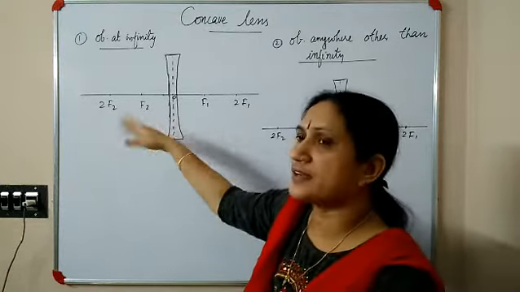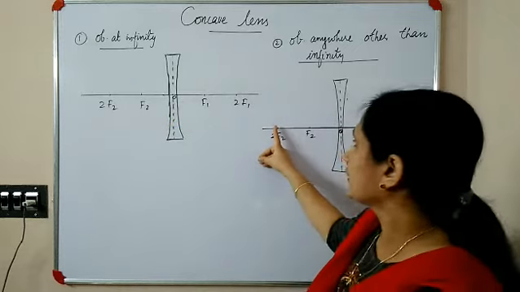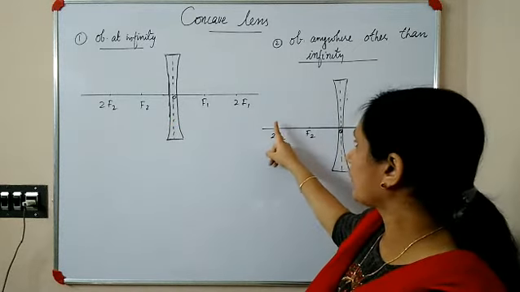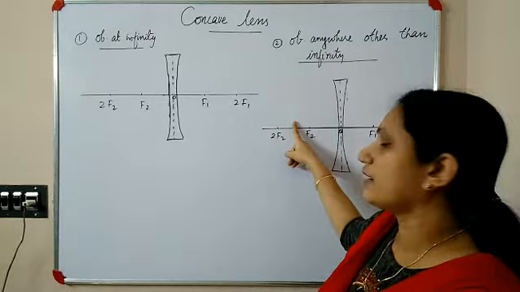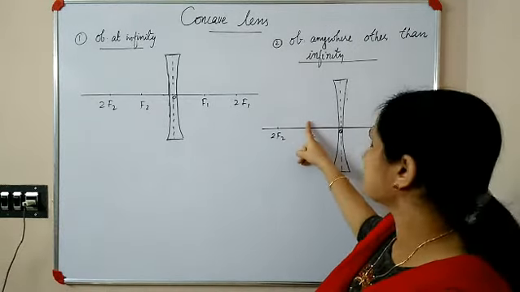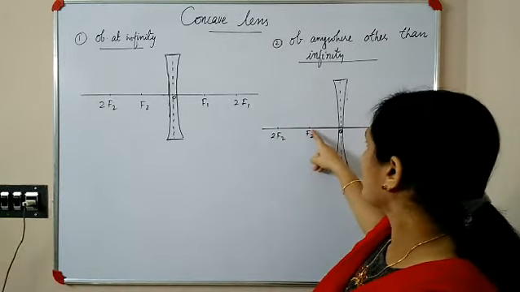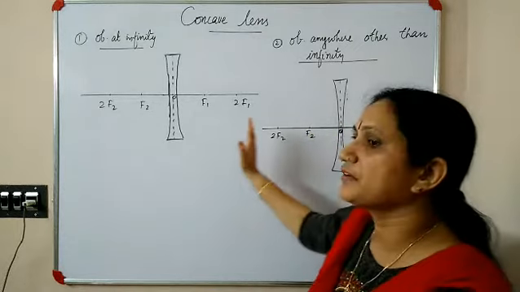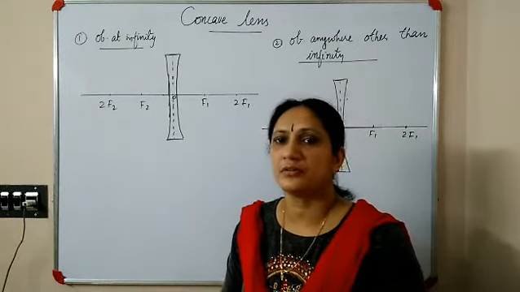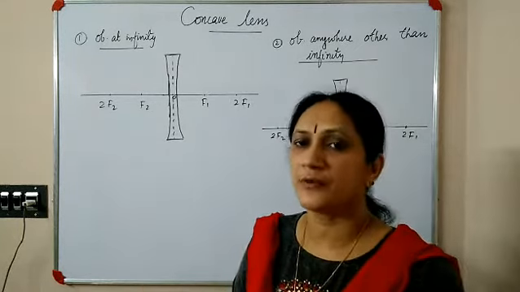Other than that, anywhere if you keep, beyond 2F or at 2F or between 2F and F or at F or between F and O, everywhere the same way of image formation takes place. So only 2 diagrams are there in case of concave lens.